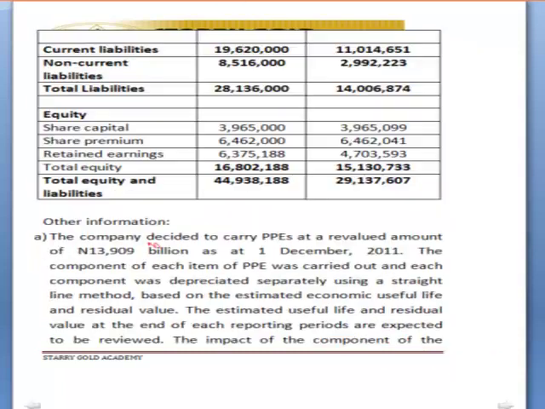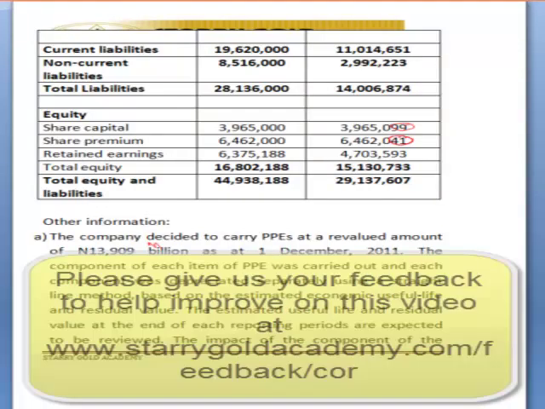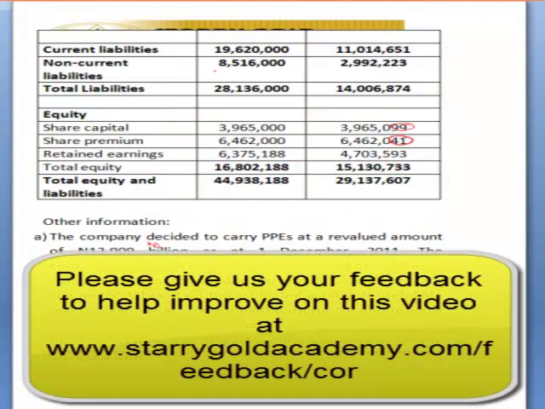Now he should have credited bank or cash. So let's look at the implication on the financial report. You will see that that explains what he has here, and what we have here. So we need to take it out from here and include it as part of our bank or cash.